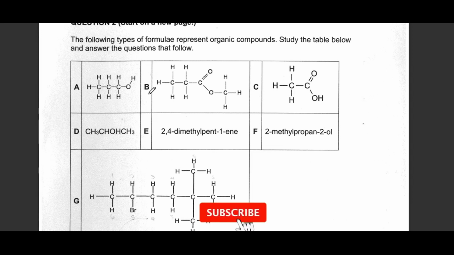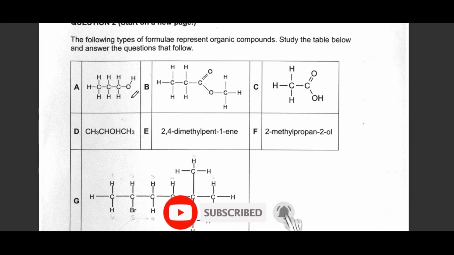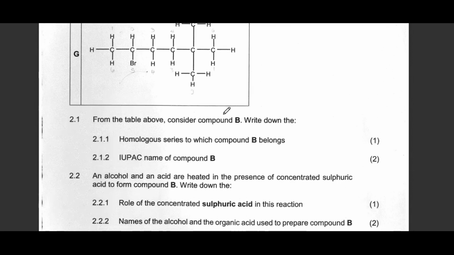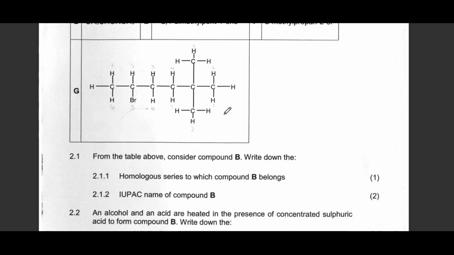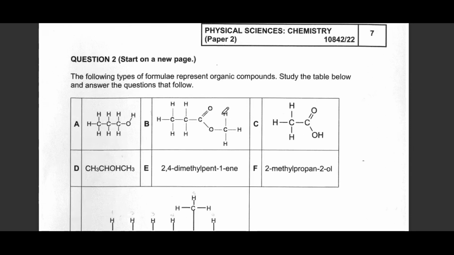So before you start, you need to know which groups, which homologous series, which functional group are these compounds. So if you look at this, we shall find out that this is an alcohol. Because of that, this is an ester. Because of that, this is a carboxylic acid.